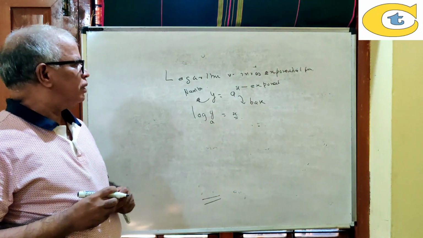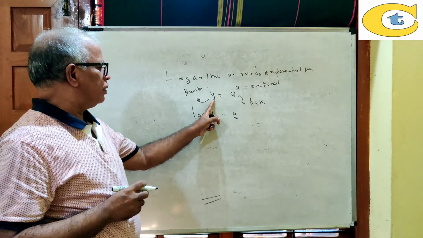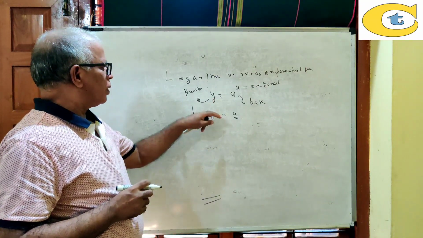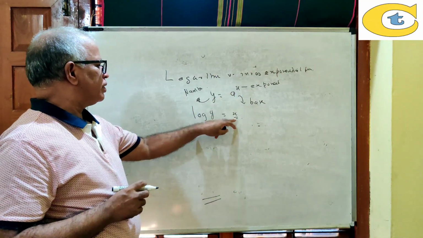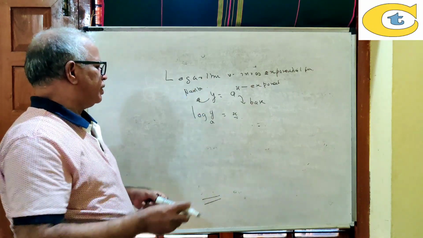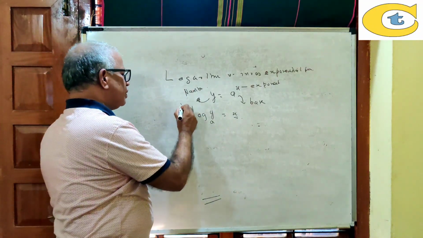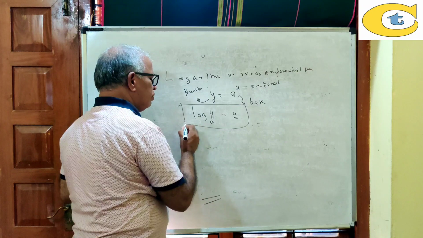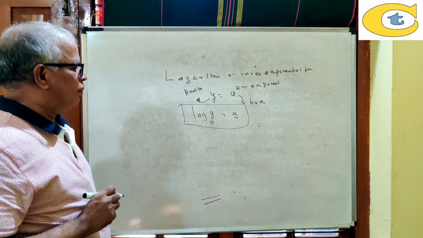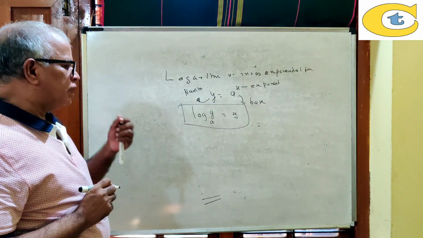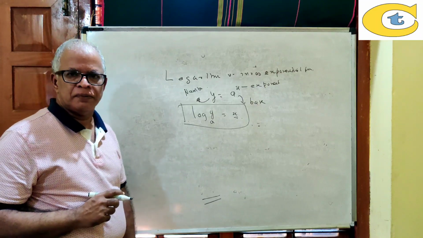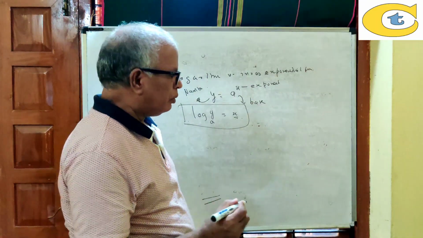Earlier y was a number, now x is the answer, just the inverse of it. They are said to be inverse of each other. Logarithm is the inverse of the exponential function.